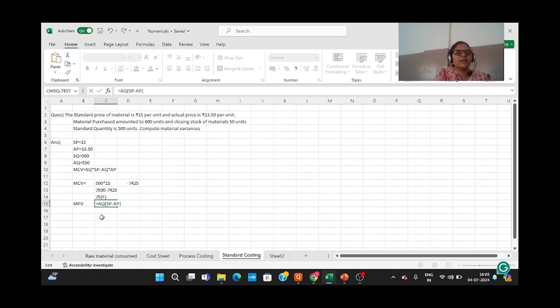We know what the actual quantity is. No problem, we will write it separately so that there is no calculation mistake. Actual quantity into standard price minus actual price. Actual quantity is 550.